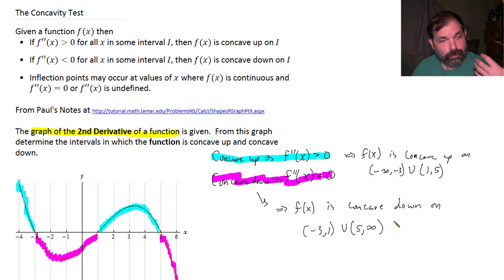All right, so if we're given a function, if the second derivative is positive, the function's concave up. If the second derivative is negative, the function's concave down. Inflection points occur where the function is continuous and the second derivative is 0 or undefined. Let's see how we can use those ideas with some actual functions.